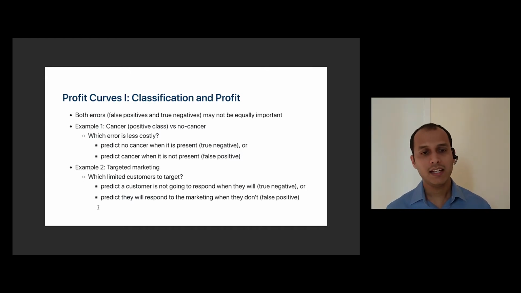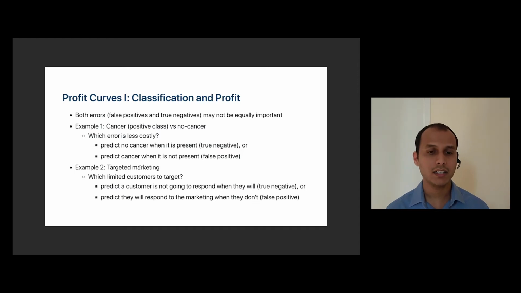Or you can do the opposite, which is when you predict cancer when there is no cancer. Okay, so the majority of us would agree that maybe the first outcome is not good. It's too costly because we are saying that there's no cancer and this person will not get the requisite treatment and may actually die.